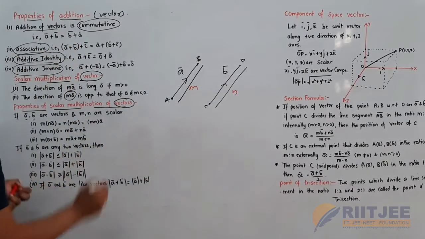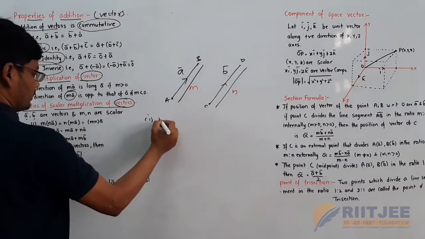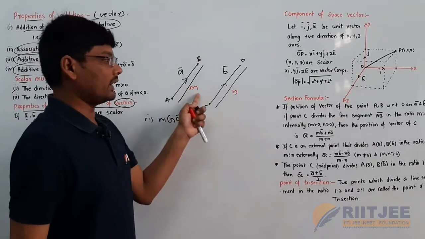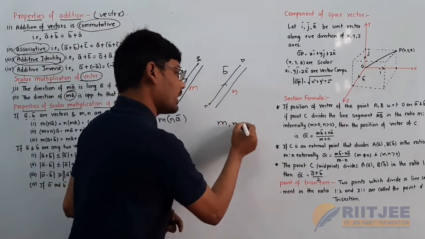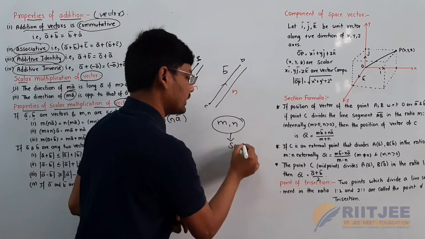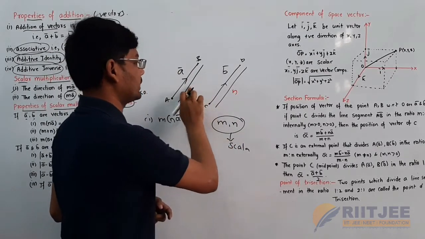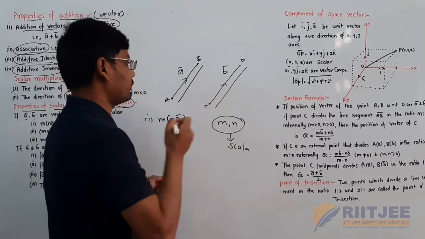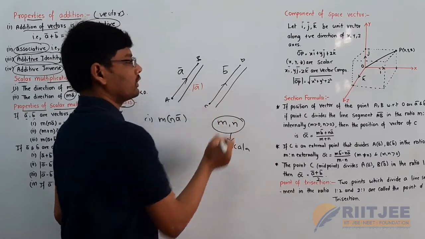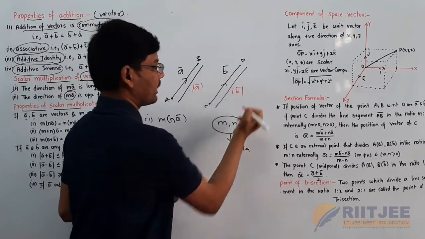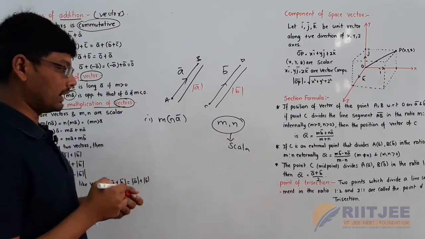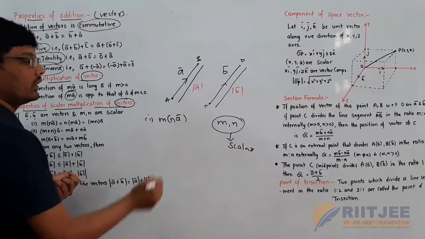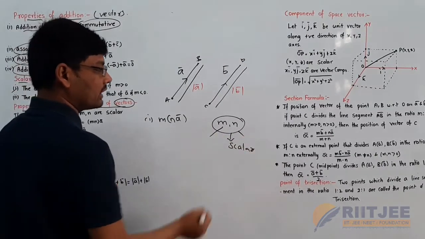Now these are scalars, so m into n of a. Don't get confused, this is the magnitude of a bar, this is the magnitude of b bar. So these m and n are scalar values. These both are different here. You can take any values in place of m and n.